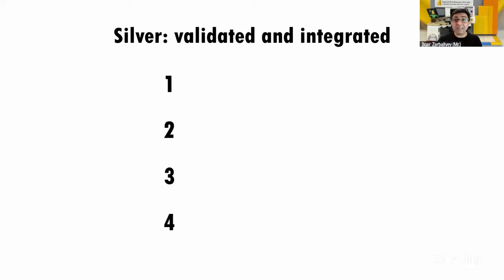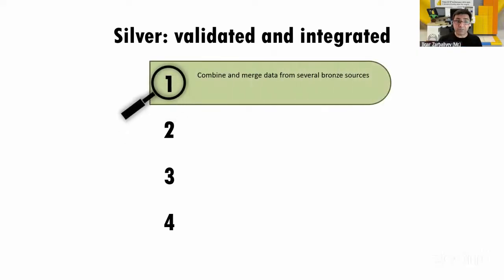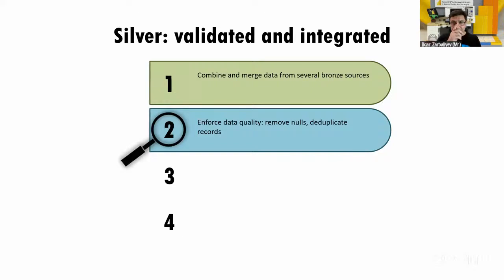Silver is where the data actually gets better. Three kinds of work happen here. First, you combine and merge data from several bronze sources, so the customer from the CRM extract and the customer from the transaction system become one thing. Second, you enforce data quality rules.